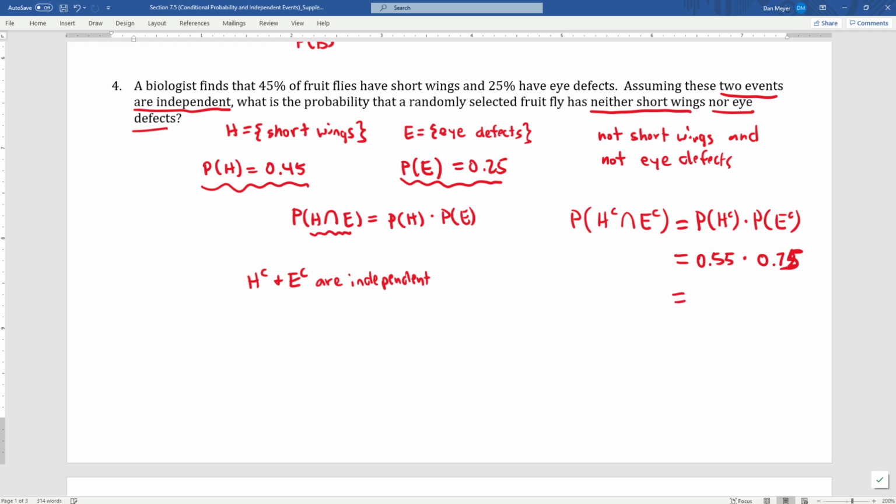And when we multiply those things together, I guess I'll round to 3 decimal places because that's what a lot of the WebAssign problems ask you to do. Or I'll just give it to 4 decimals since that's the exact amount. 0.4125. Rounded to 3 decimals, that'd be 0.413.